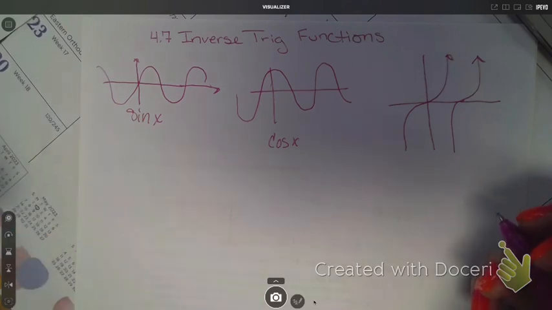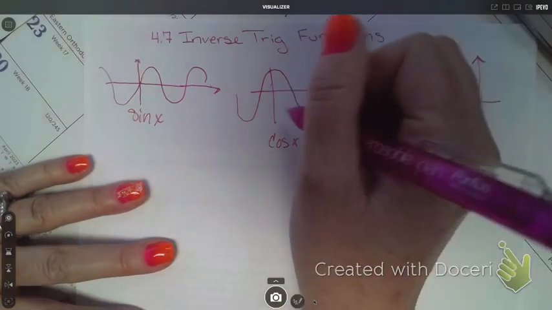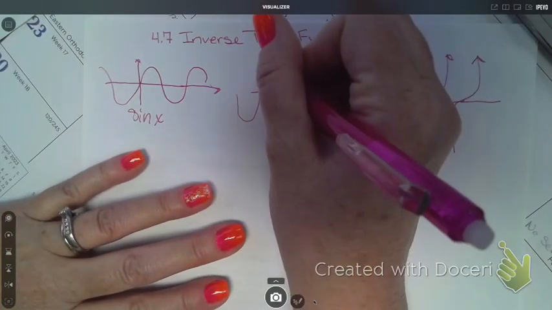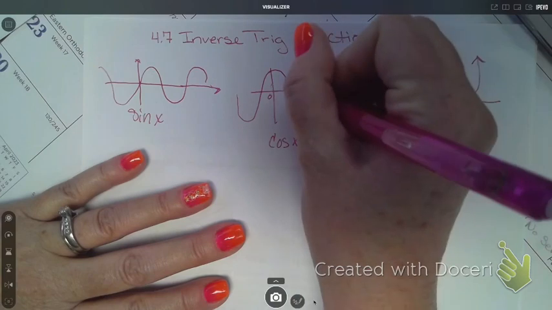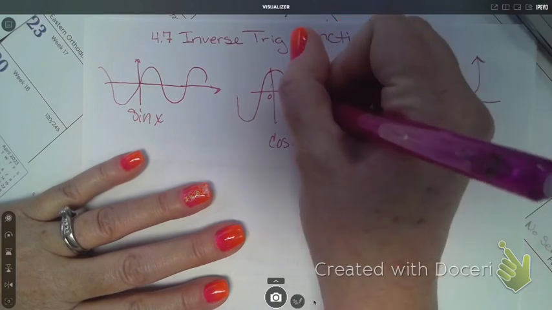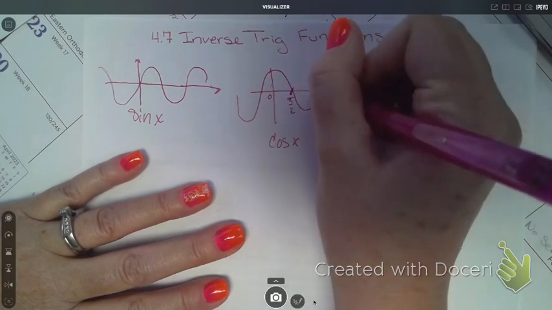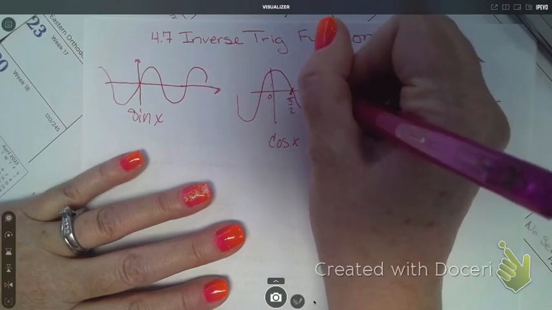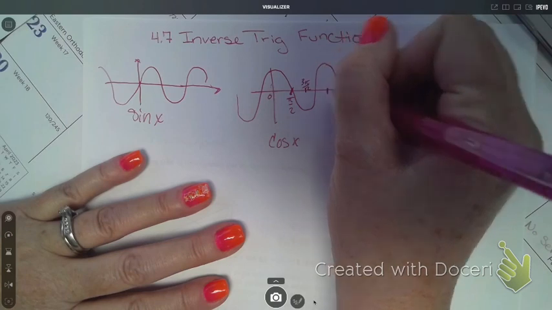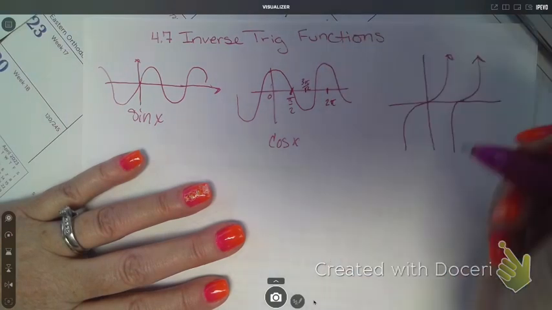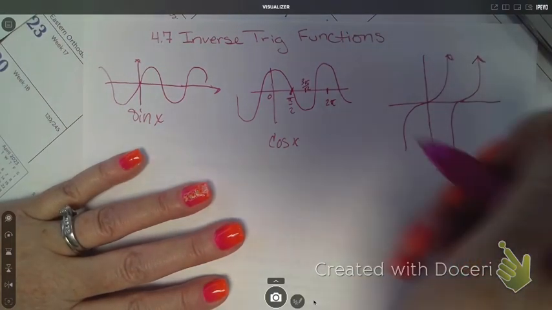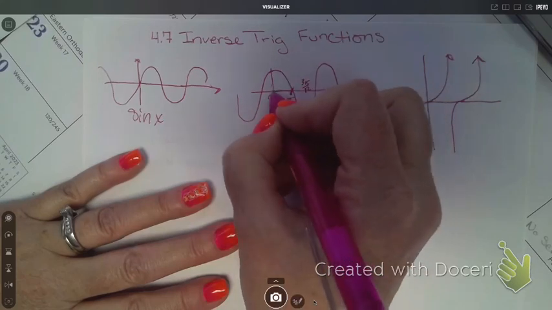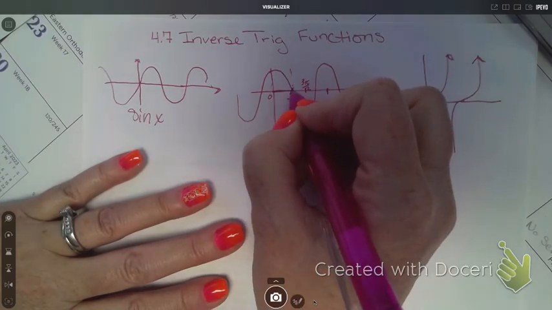Make sense? So we also know, I'm just going to use cosine because it's in the middle, that this is 0, and this is pi over 2, and this is 3 pi over 2, and this is 2 pi. So in between a max and a 0 is a quadrant.